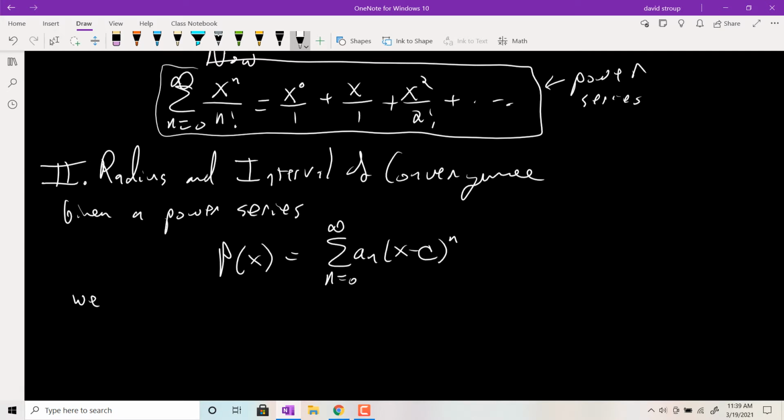We basically wish to know where it's going to converge. We wish to know an interval, or the x values for which it converges.